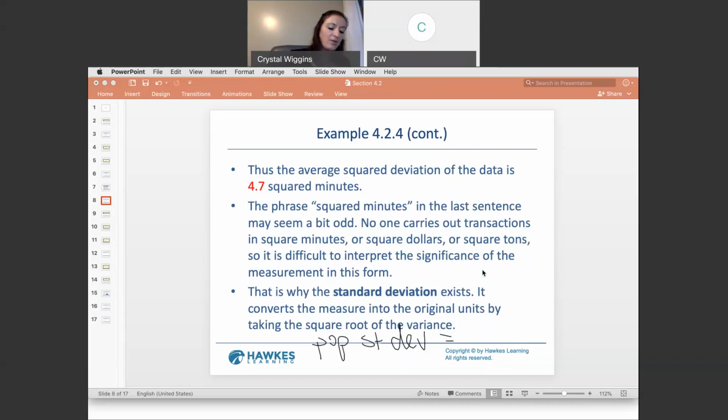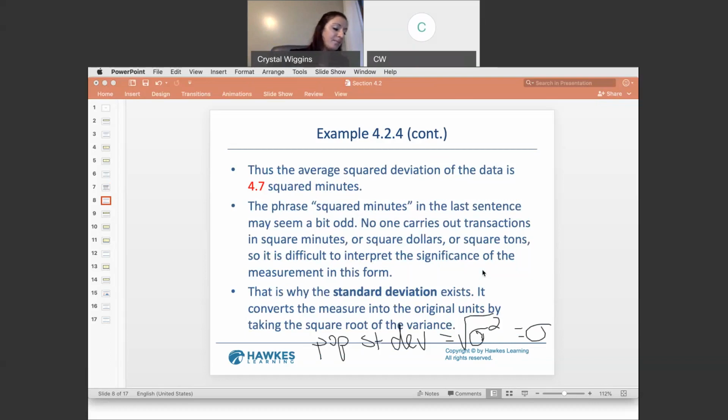So it's the square root of sigma squared. As we just learned, sigma squared is the symbol for population variance. So population standard deviation is just sigma, because you square rooted the squared symbol.